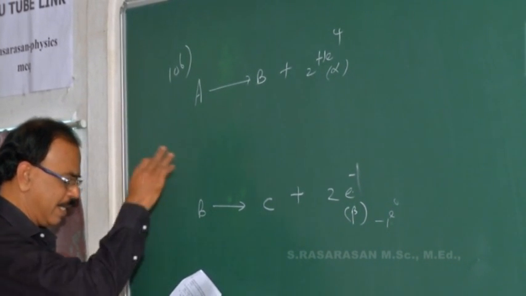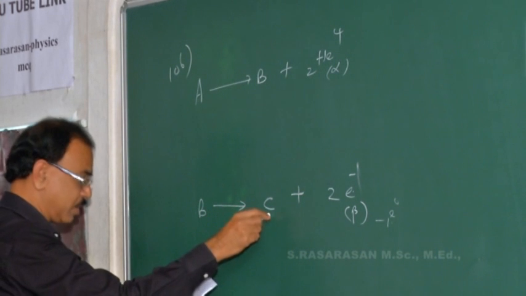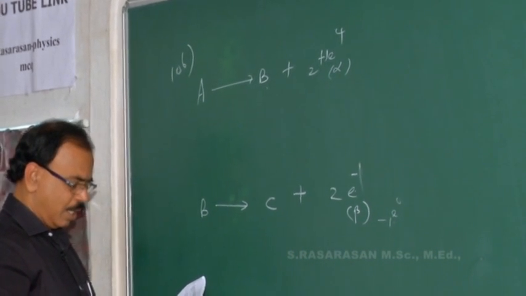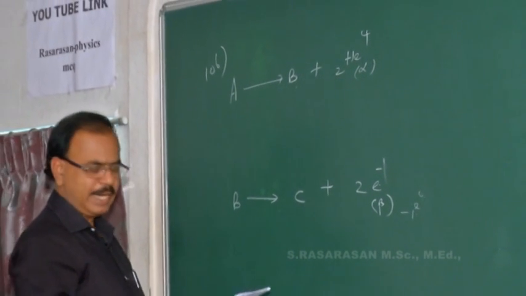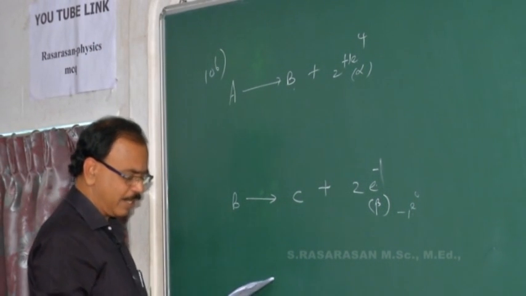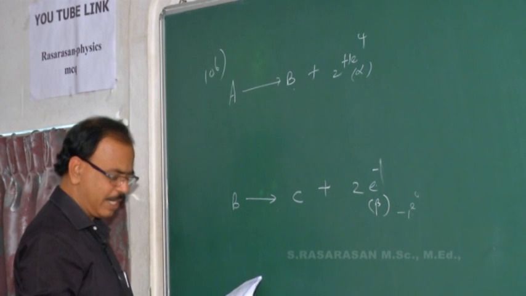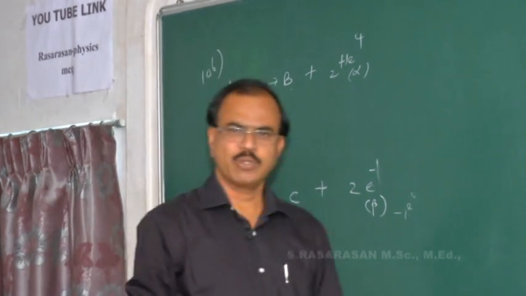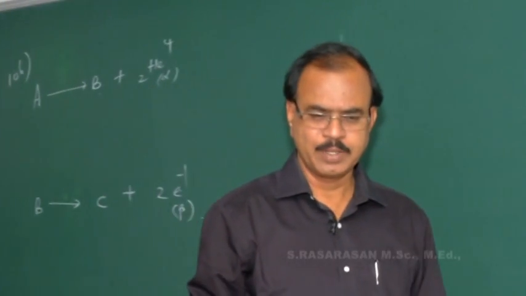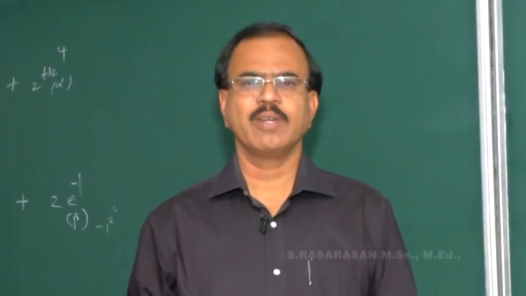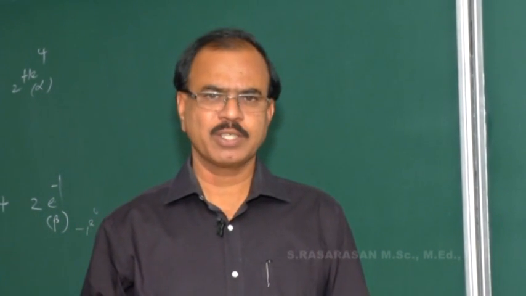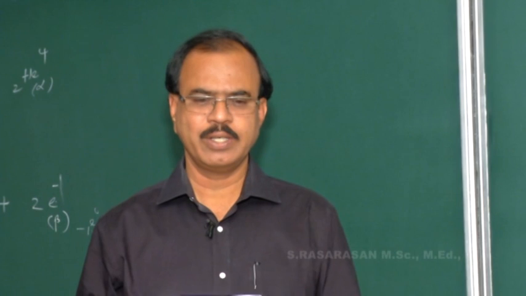An element A decays into C in two-step process. Of the 4 options: A and C are isotopes, A and C are isobars, A and B are isotopes, A and B are isobars. What are isotopes? Isotopes are the atomic nuclei having same atomic number but different mass number. Z is same but A differs.